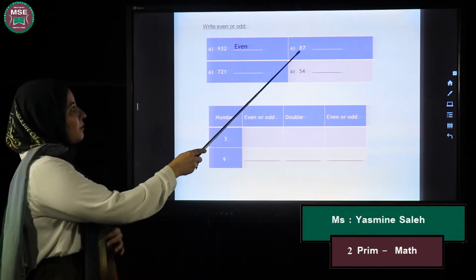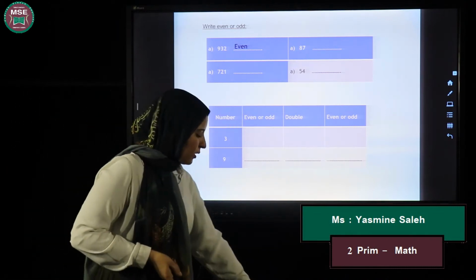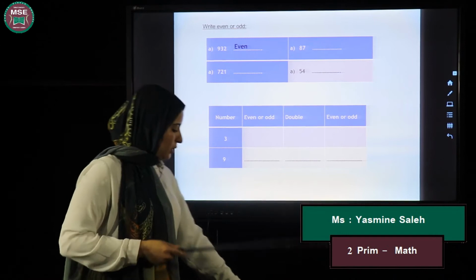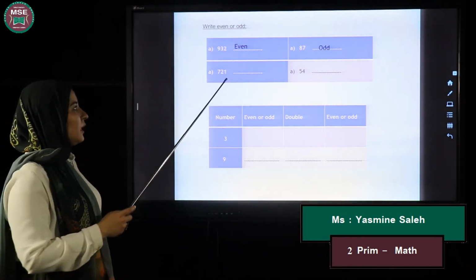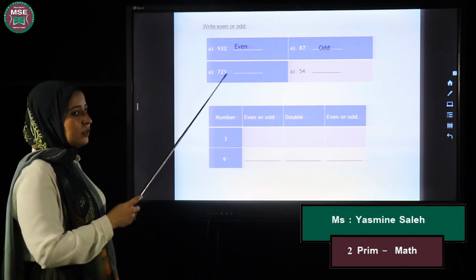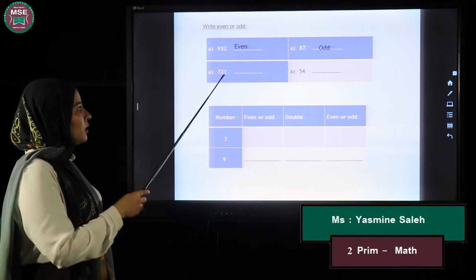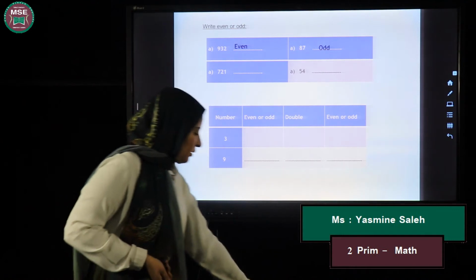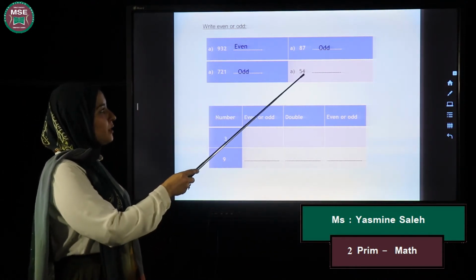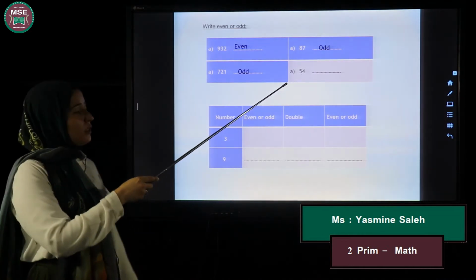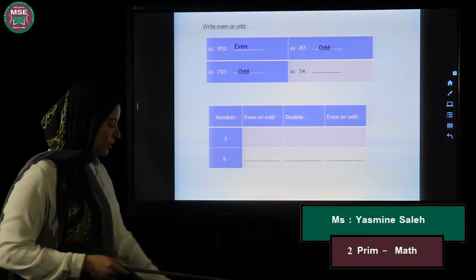Okay, the next one I have 87. I will look at the unit. The unit is 7, so it is an odd number. Now I have 721. The unit is 1, so this number is odd. Here I have 54. The unit is 4, so this number is an even number.